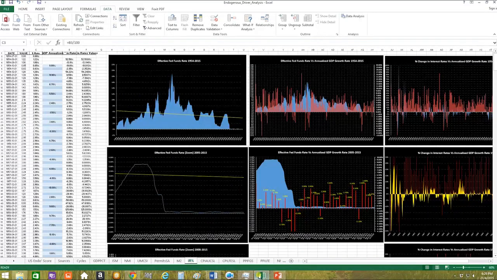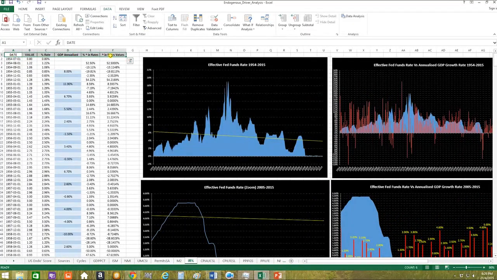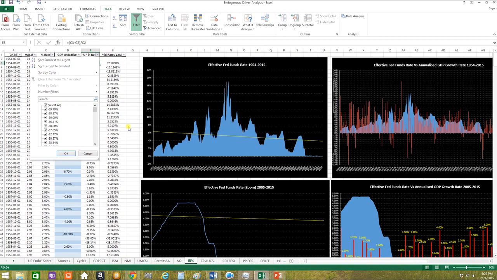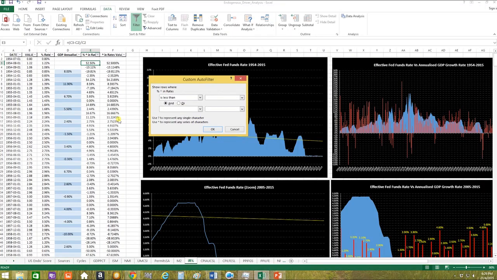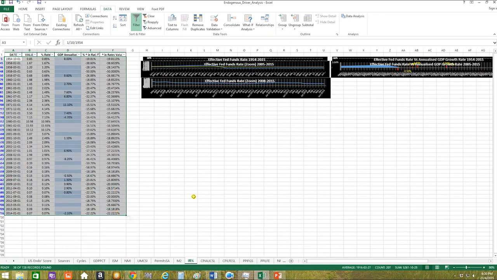So let's go back to the spreadsheet, and if we just zoom in here, what we do is select the columns, go to the data section on the ribbon and click on filter, and the column that we're going to concentrate on here is column E. All we have to do, for example, is click on the filter, go to number filters, and if we want to do the less than 15% analysis, we just type in minus 0.15, tab across, and then hit OK. And then we get all the data that we were looking at in the presentation.